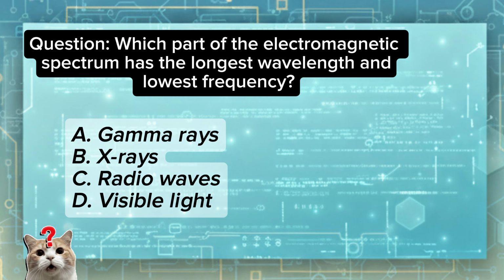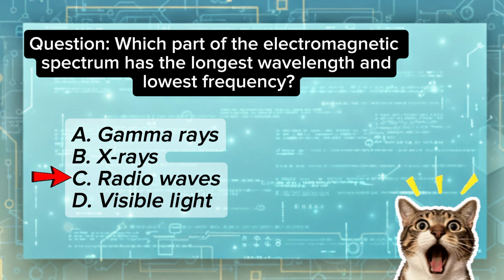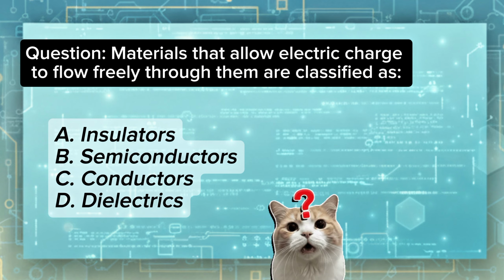Which part of the electromagnetic spectrum has the longest wavelength and lowest frequency? Answer: radio waves. Materials that allow electric charge to flow freely through them are classified as?